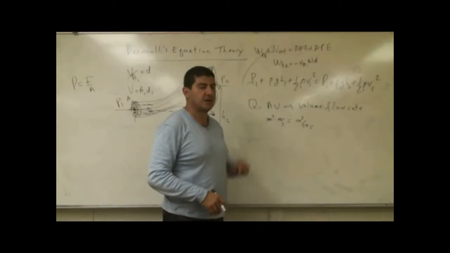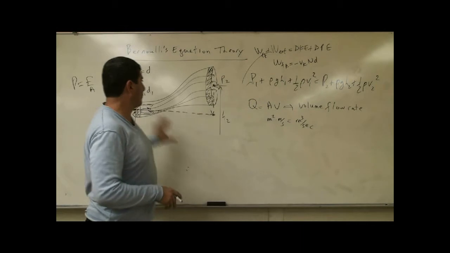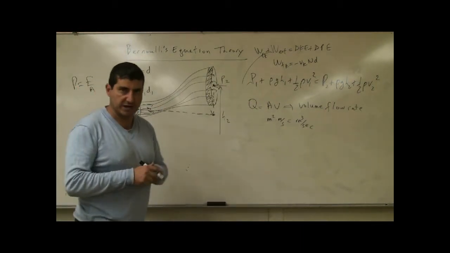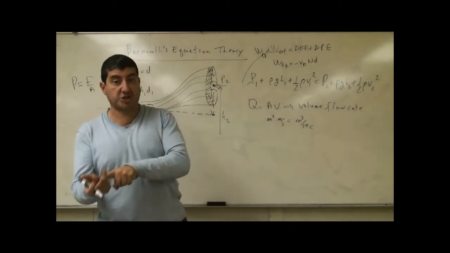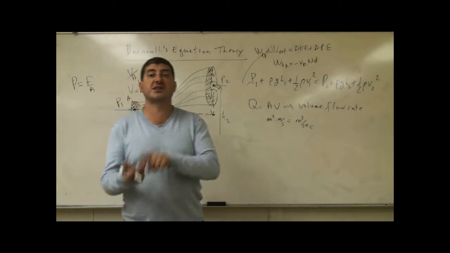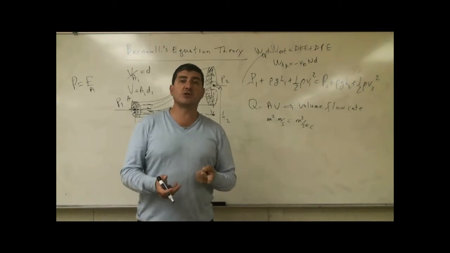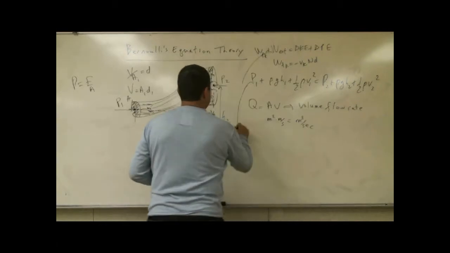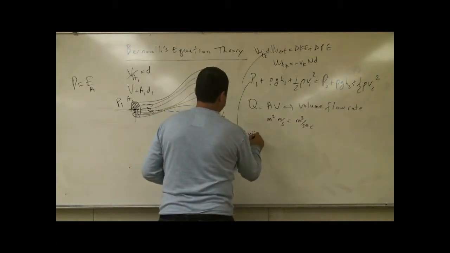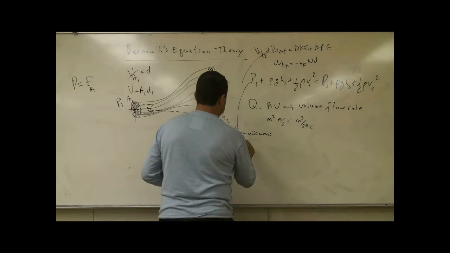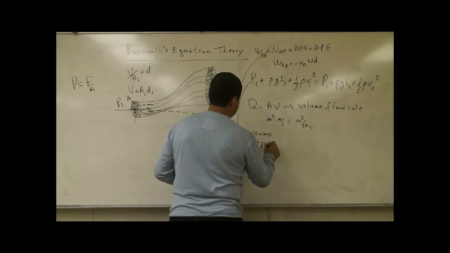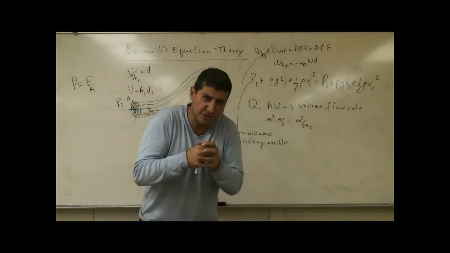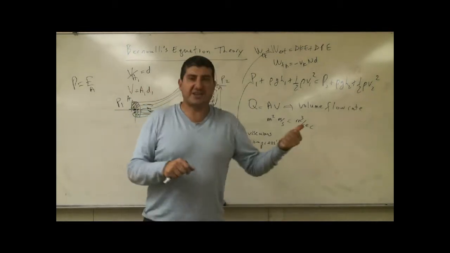So we're going to assume for a lot of these problems that the fluid is incompressible, right? We already mentioned that it's non-viscous, so frictional effects are negligible. The other thing we're going to assume is that it is incompressible. Incompressible means that when you try to squeeze the fluid, it goes faster, right?